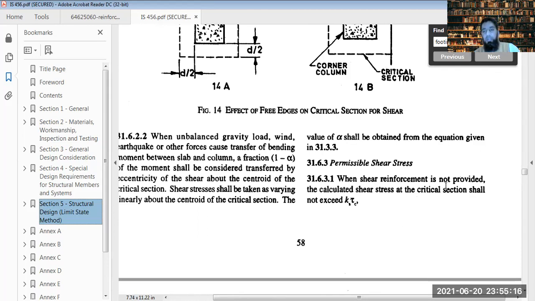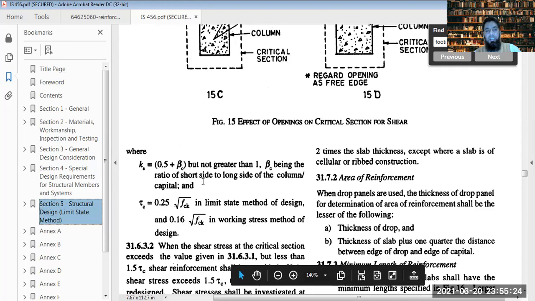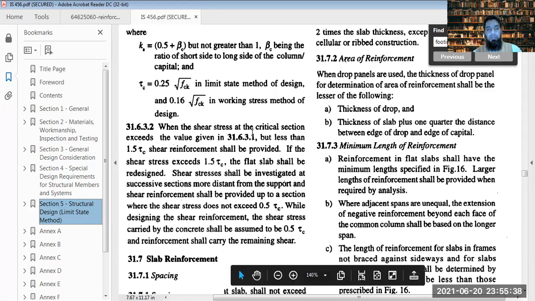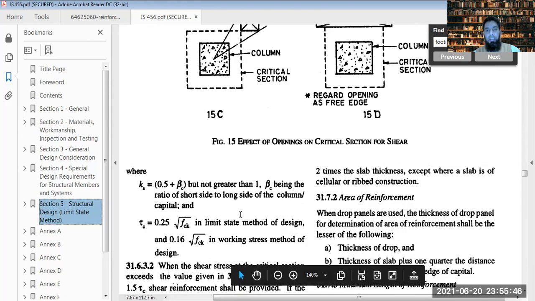When reinforcement is not provided, the calculated shear stress at the critical section shall not exceed Ks into tau c. Ks is 0.5 plus beta c, but not greater than 1, beta c being the ratio of shorter side to the longer side of the column, and tau c is limit state. This is for when the shear stress at the critical section exceeds the value but is less than. So that's for that case.